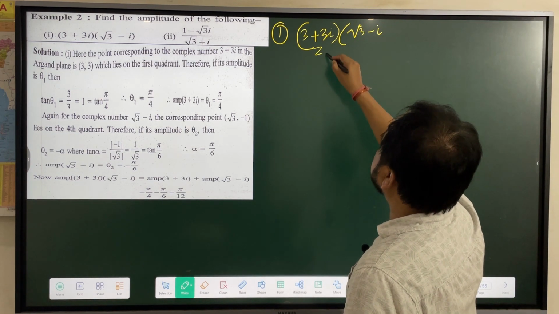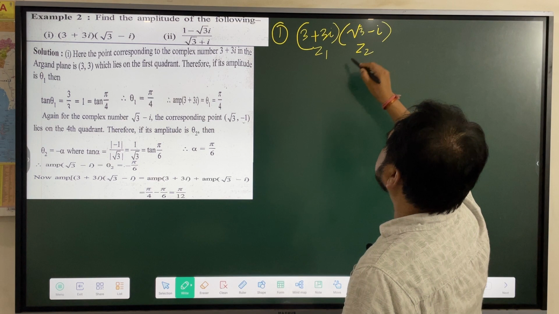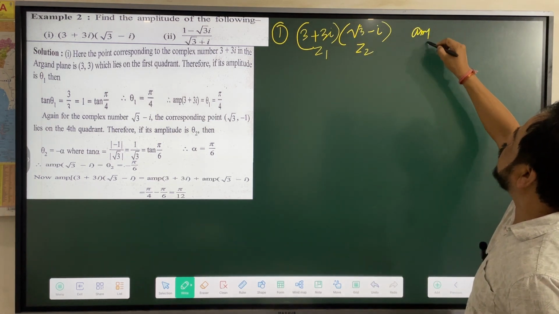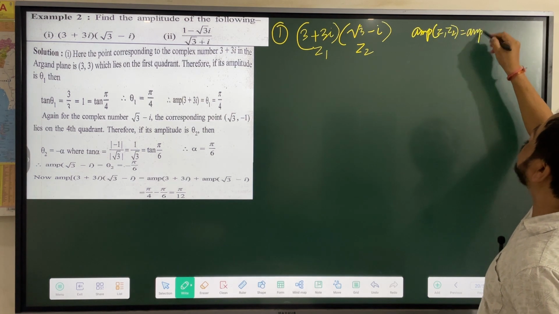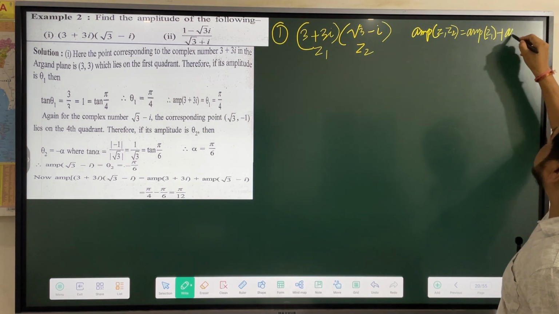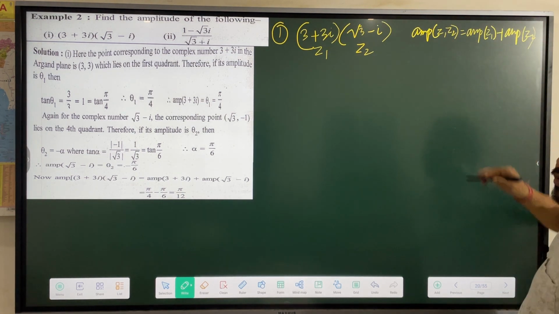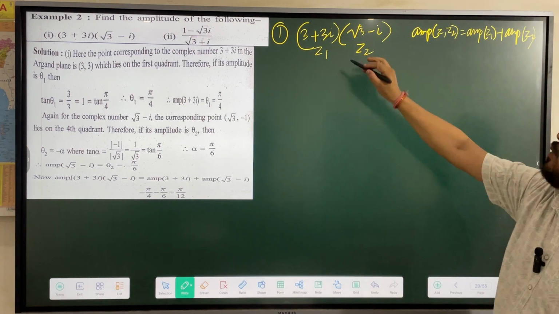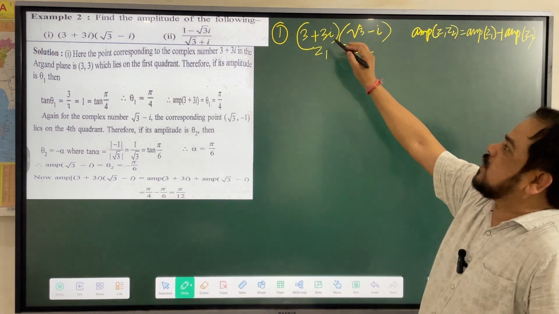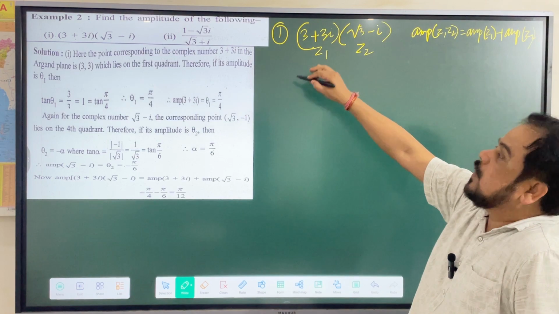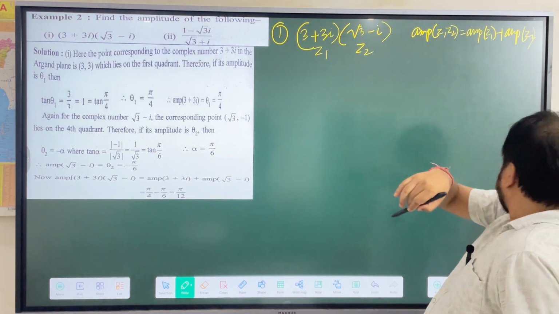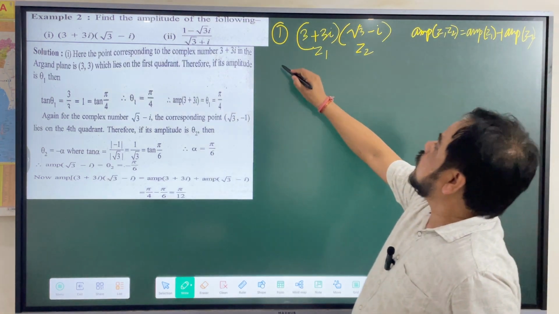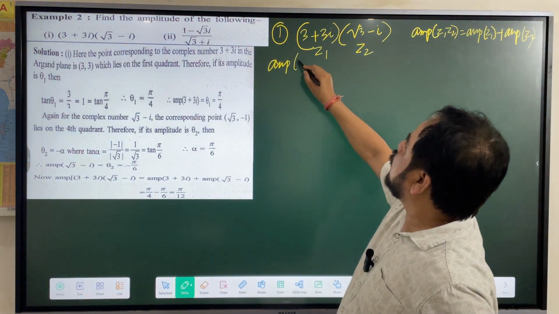So this one you take as Z1, this is Z2. So what was the formula? The amplitude of Z1 Z2 is equal to the amplitude of Z1 plus the amplitude of Z2. This is the formula we are going to apply. So let us find out first the amplitude of Z1, then we will find out the amplitude of Z2.